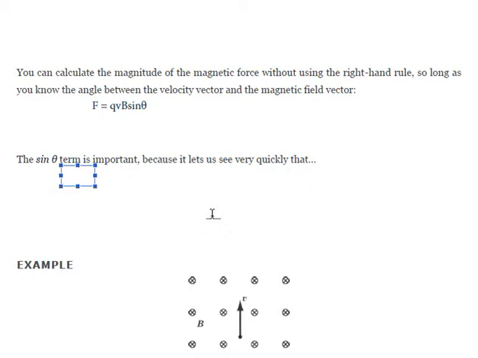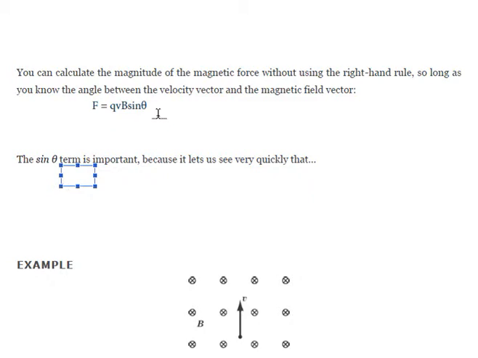They're in the same direction, so there's no angle between them. So sine of 0 would give us a 0. The total overall force would end up being 0. We have Q times whatever V times whatever B times 0 all lines up to be 0.